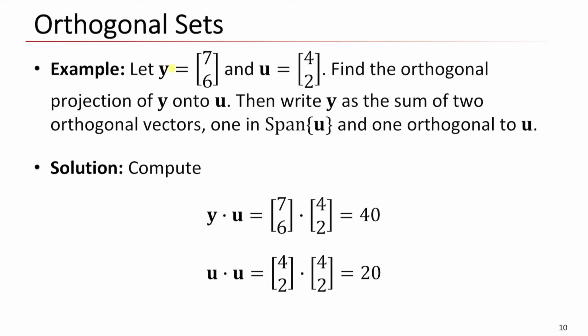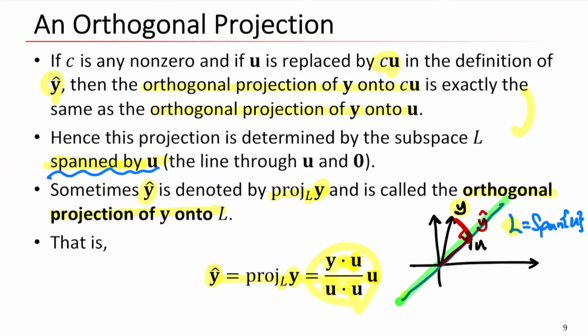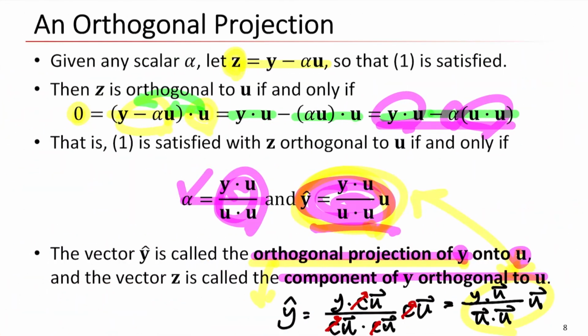So let's say Y is equal to this one, U is equal to this one. Find the orthogonal projection of Y onto U. Then write Y as the sum of two orthogonal vectors, one in the span of U, another one orthogonal to U. First of all, we have to compute this one, right?